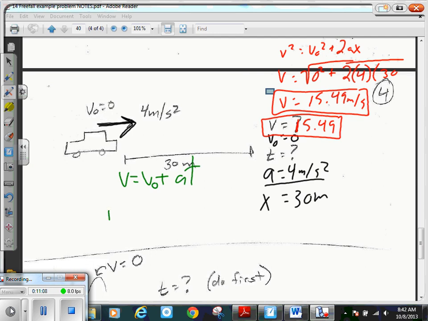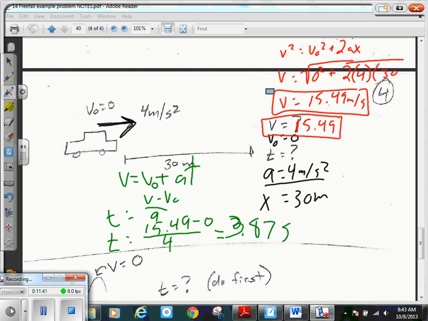So time equals v minus v sub naught divided by a, which in this case, is 15.49 minus 0 divided by 4, which is 3.87 seconds. 3.87 seconds is the time that it took to do that. Any questions?